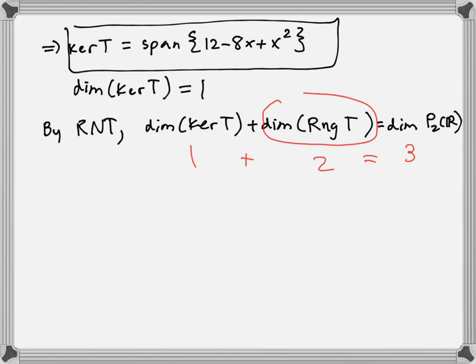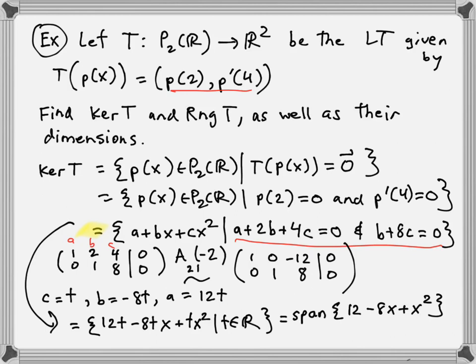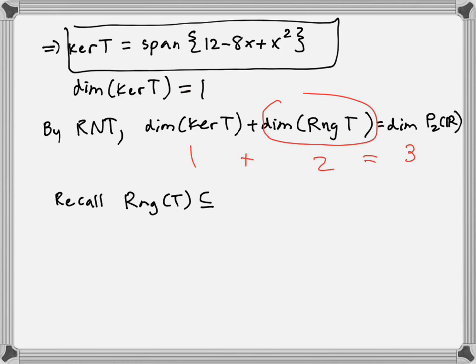Now, just because we know a vector space's dimension, it doesn't mean we know what it is. However, in this case, we do. Recall that the range of T is a subspace of W, which in this case is R2. So the range is a subspace of R2, and it's 2-dimensional.